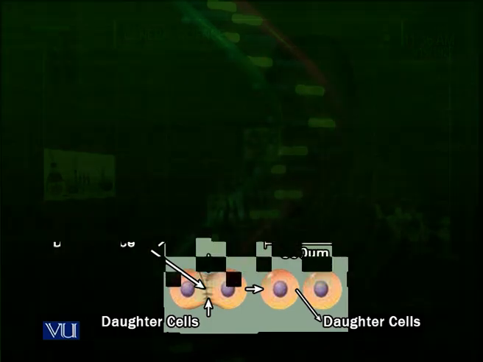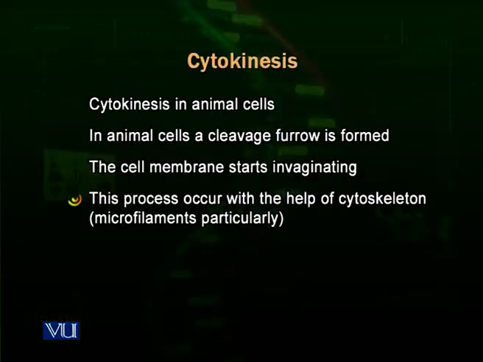This process of cytokinesis in animal cells is supported by the cytoskeletal elements. The actin filaments, microtubules and other cytoskeletal elements help in this cleavage furrow formation.